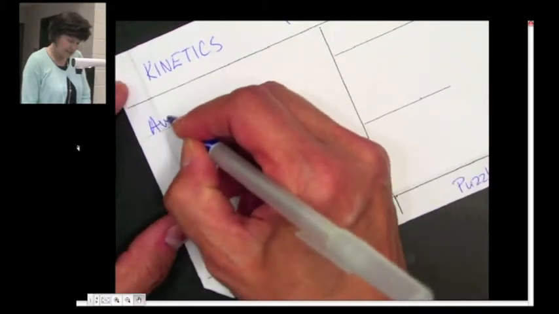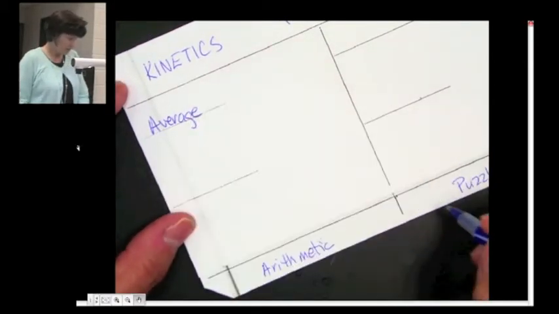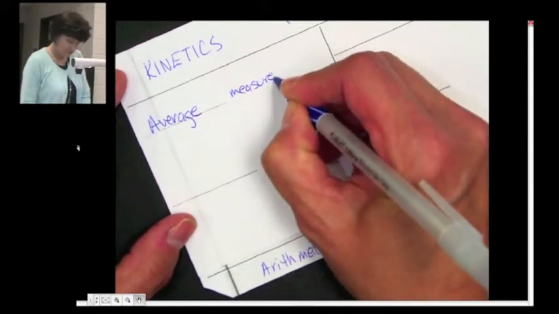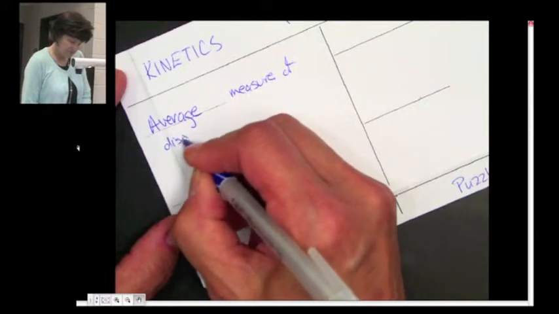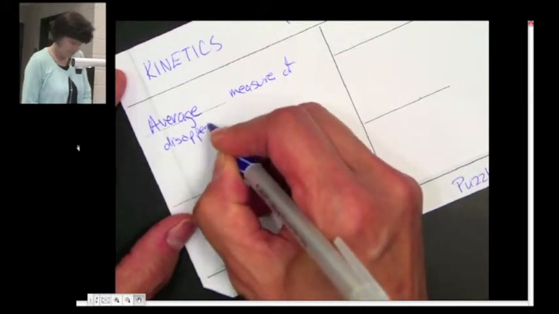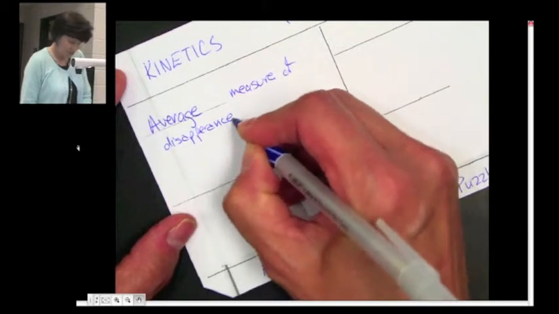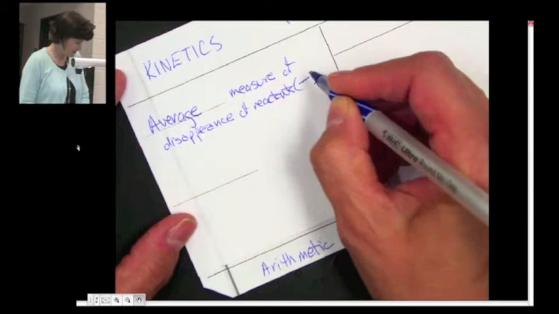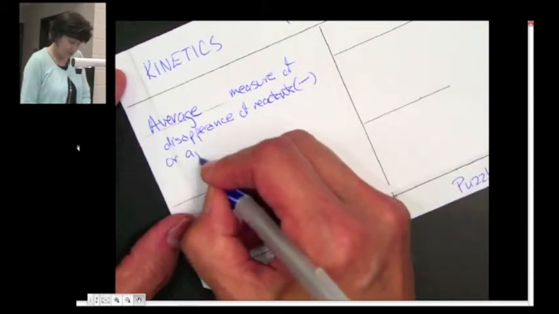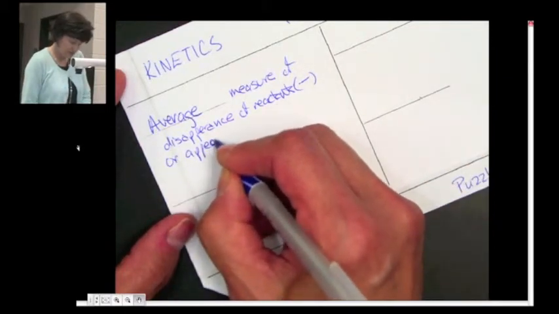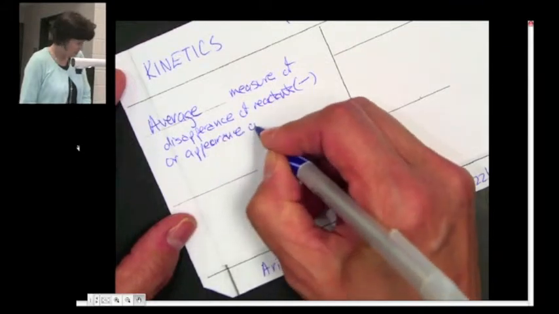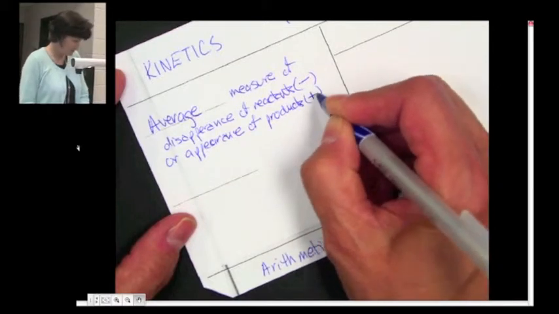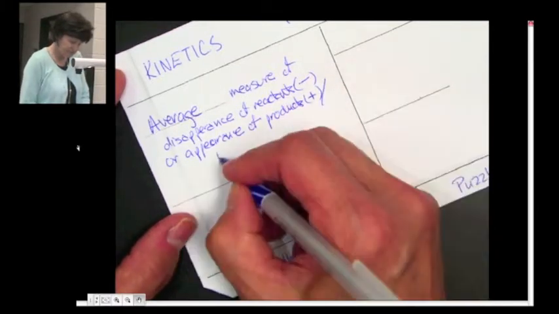First, we're going to calculate the average rate, which is a measure of disappearance of reactants, that would be negative, or the appearance of the products, and that would be positive, per unit time.